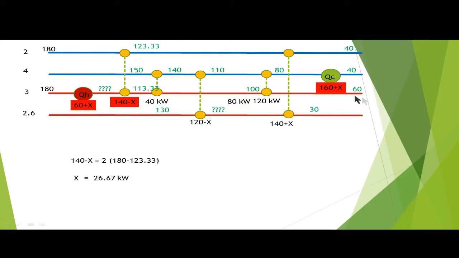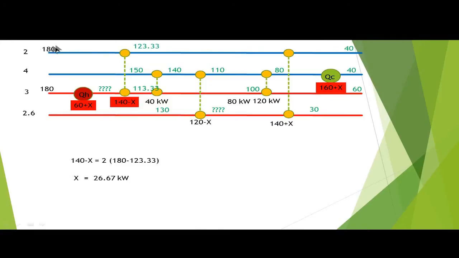So now, how to find out x? Because the temperature here is already set at 113. If I don't want the delta T violation, the temperature here should be higher by 10 based on the delta T minimum. So if I add 10 here, it becomes 123.